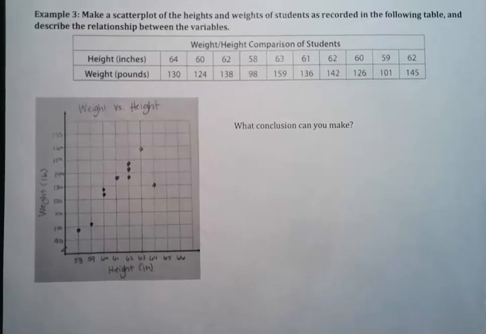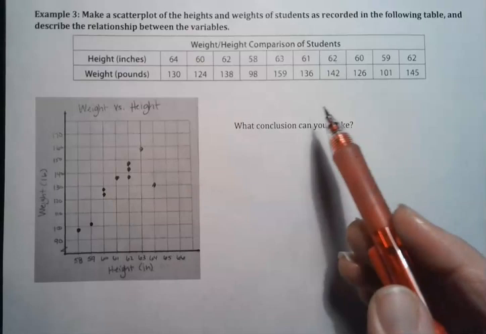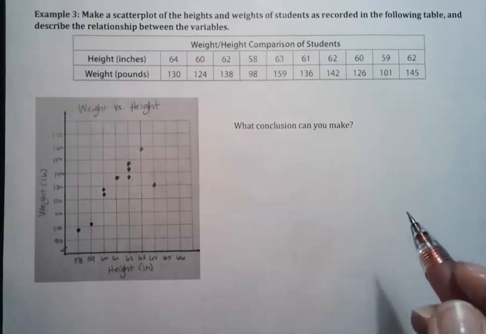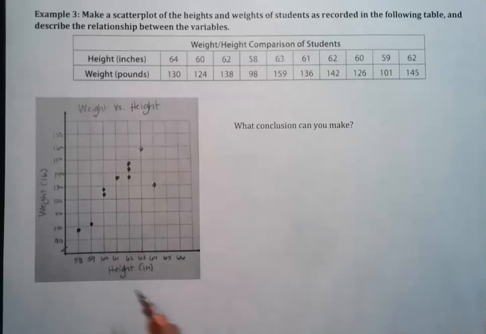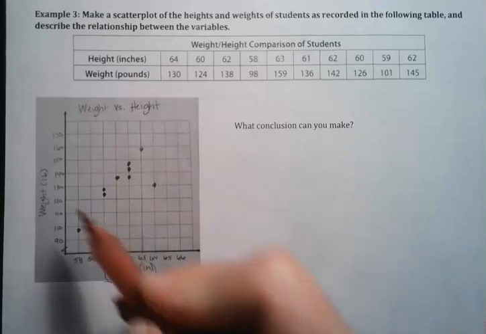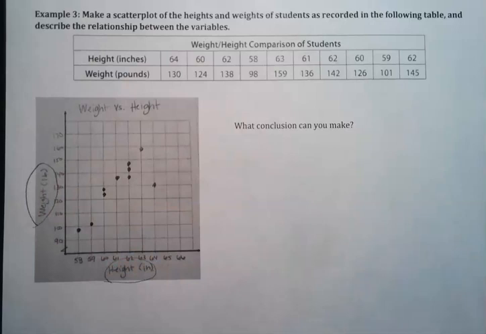Later we're going to do some more with our scatter plots, but right now we've made our scatter plot. And what conclusion can you make about the scatter plot? In general, what can you tell me about the height and the weight?